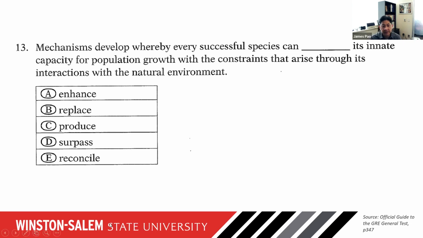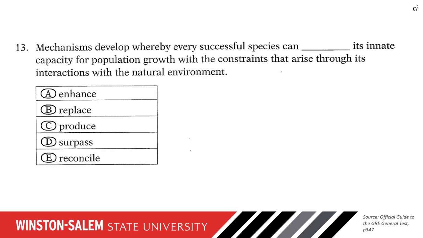All right, that's about 30 seconds. I want you to go ahead and come off mute and give me an answer and a rationale for why. I think it's between enhance or produce, because it says for its capacity for population growth. So I'm guessing that they enhance their environment. I'm not really sure.